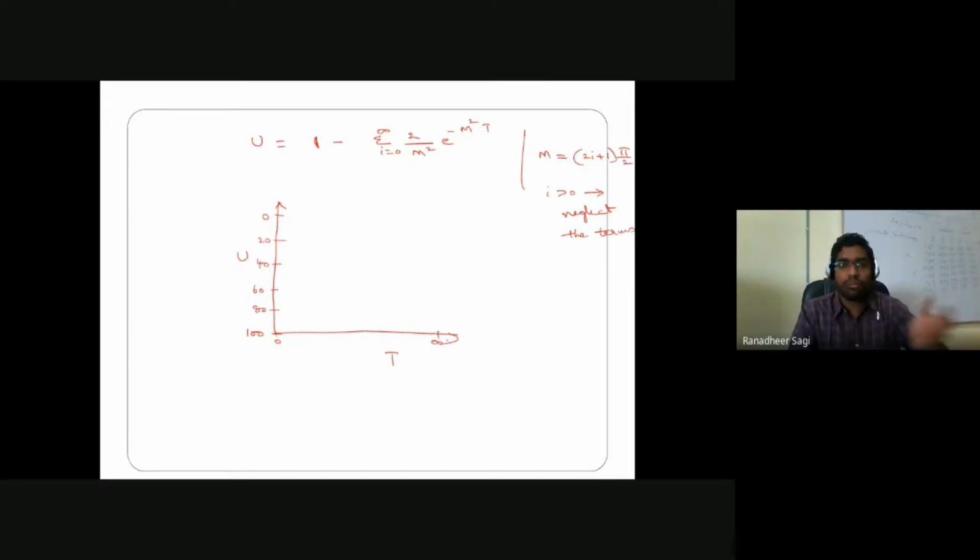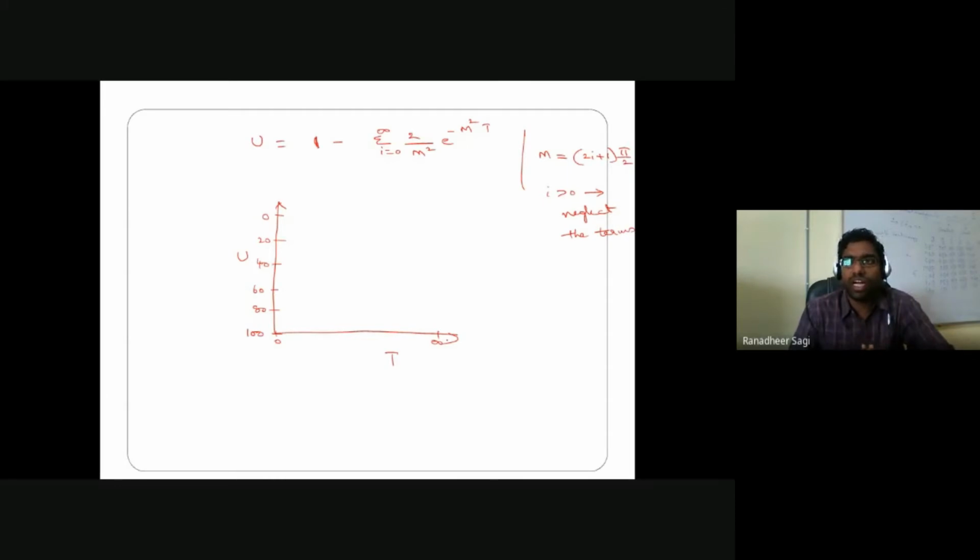Why am I trying to talk about infinity? Because after some maximum time, we say your total consolidation is getting completed. So once total consolidation is completed, 100% consolidation is achieved at some relatively maximum time. That is what we are calling infinite time. Infinite doesn't mean some lakhs of hours or lakhs of days or lakhs of years.